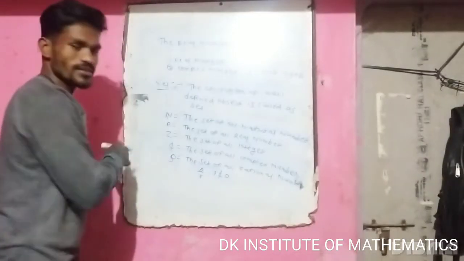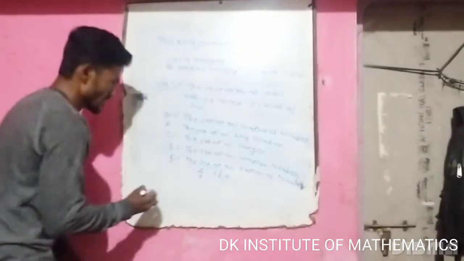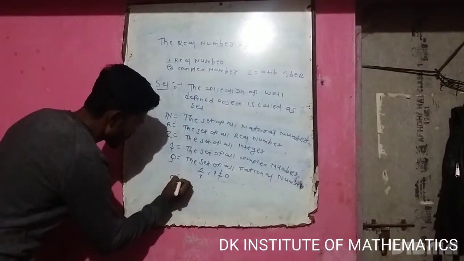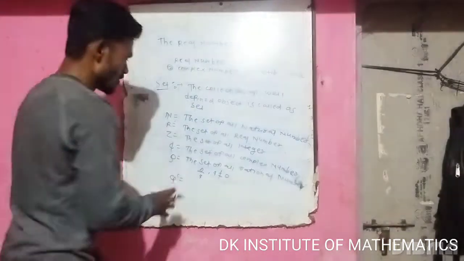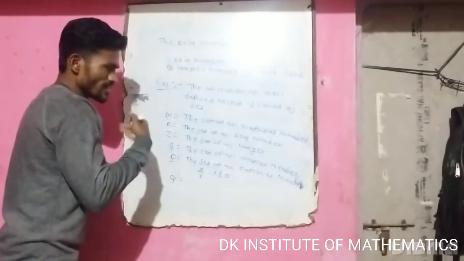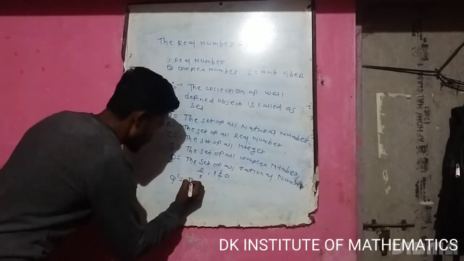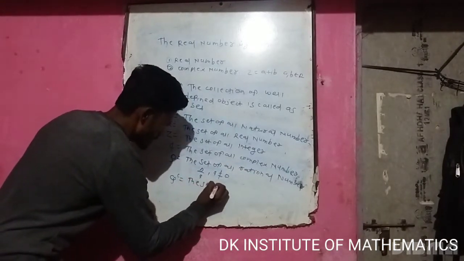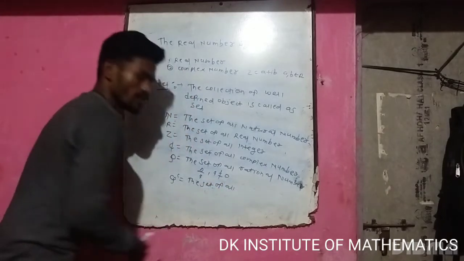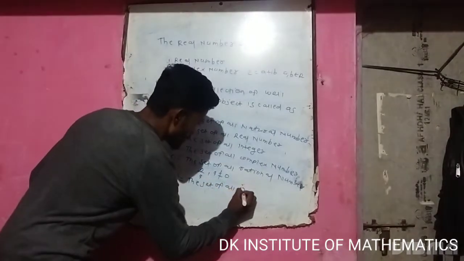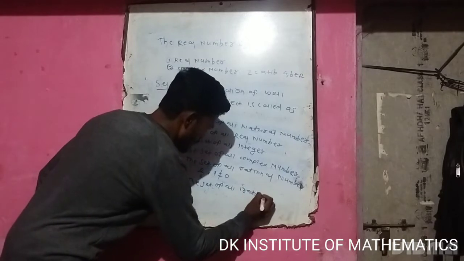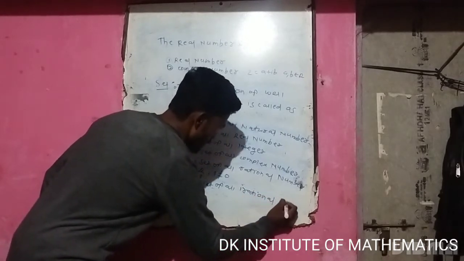Then this is called the set of rational numbers. And second, Q complement. What is Q complement? The reverse of rational, the set of all irrational numbers.